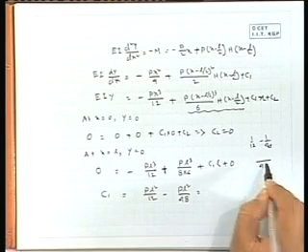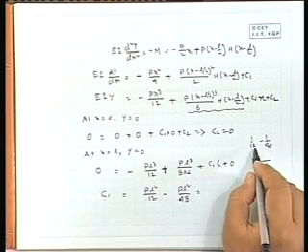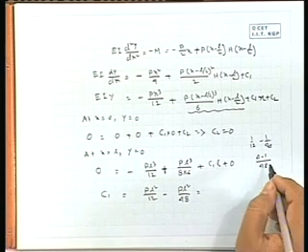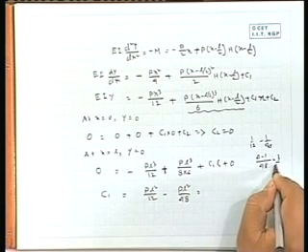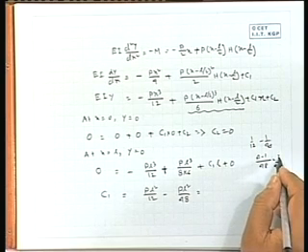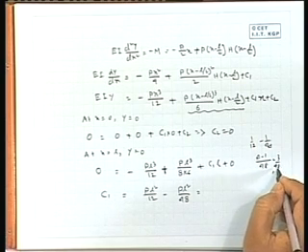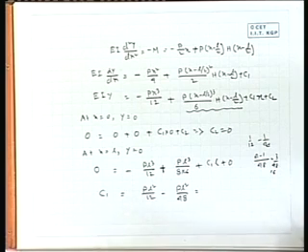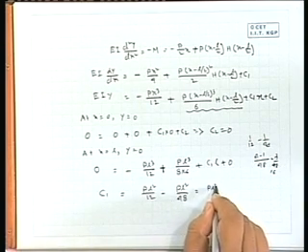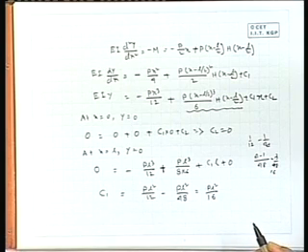If you take 48 as the common denominator, it will be 4 minus 1, right. So, 3 divided by 48, which is 1 by 16. So, C1 will be P L square divided by 16.